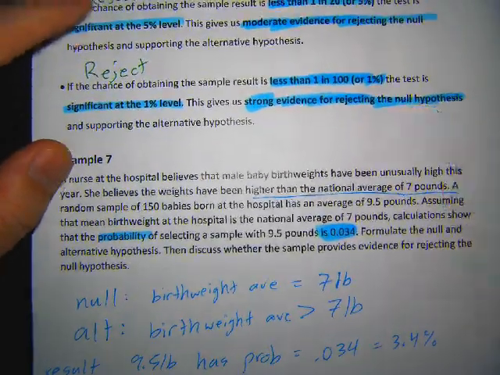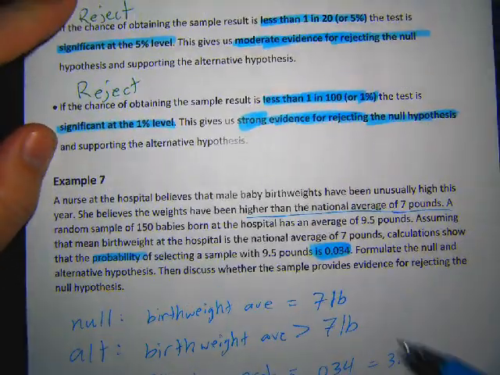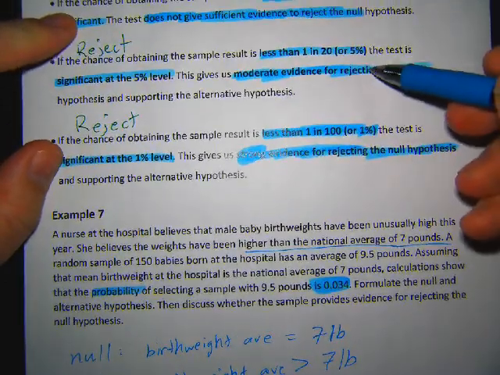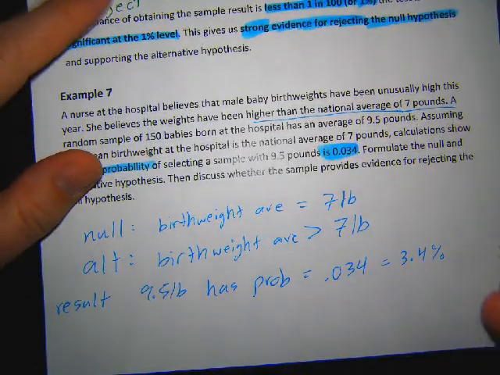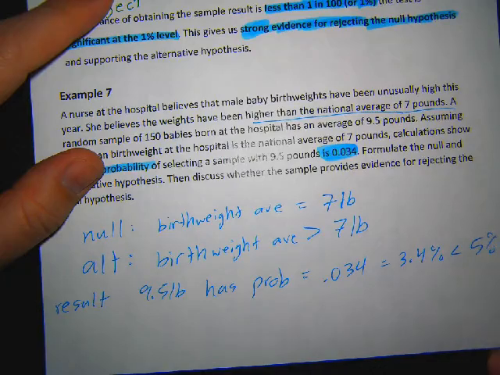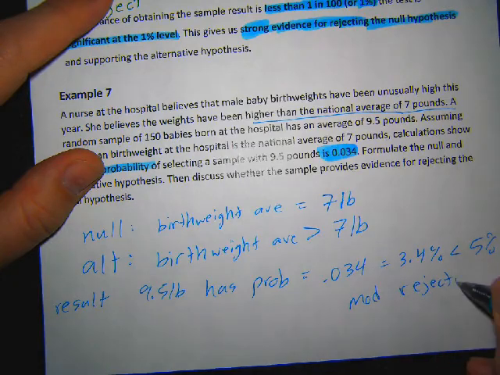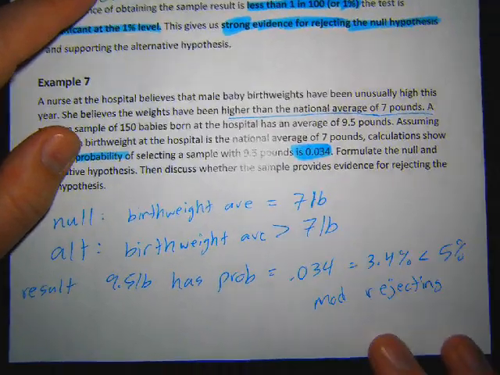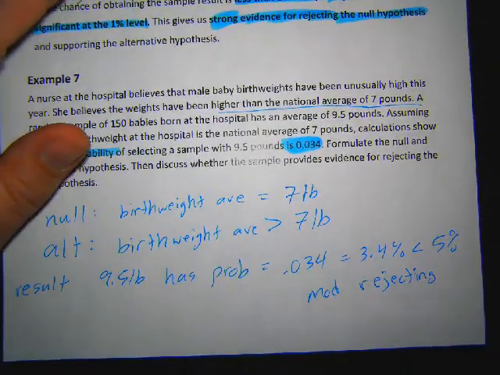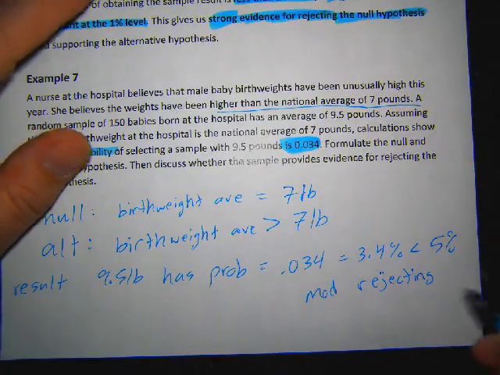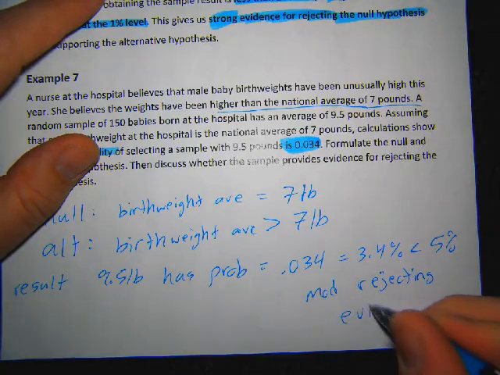So it's not the dead giveaway like always reject, but it is less than 5%, which means that we have moderate evidence for rejecting the null. So we would reject in this case, unless she has some reason why she wants to use a really strict level, where you have to be below 1% to reject. This would be moderate rejecting evidence.